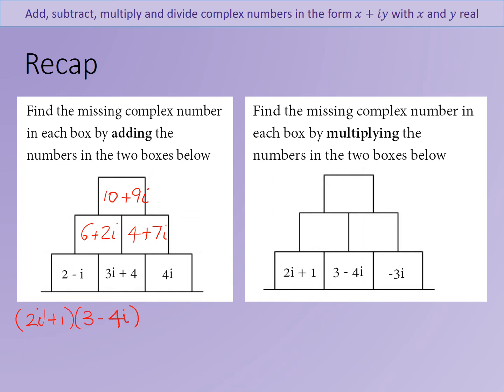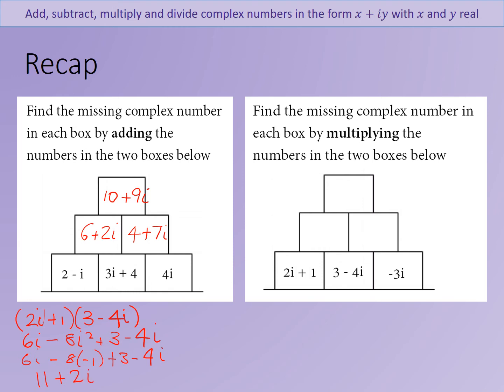Multiplying this out gives us 6i minus 8i squared plus 3 minus 4i. Substituting in minus 1 for i squared. And then simplifying gives us 11 plus 2i.